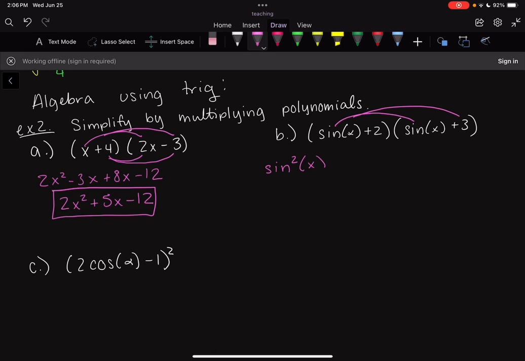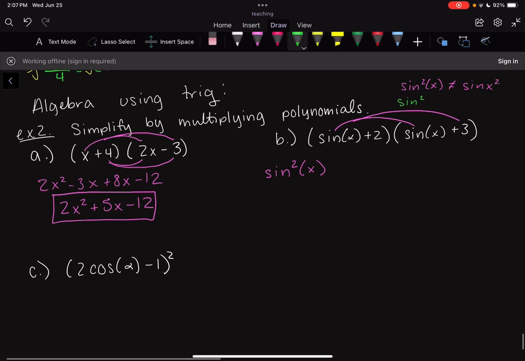Just be careful of how you write it, because remember, me writing this is not the same thing as writing this. Those are not the same. It would only be the same if you write it in parentheses. So if you write it like this, that's okay. So just be careful.